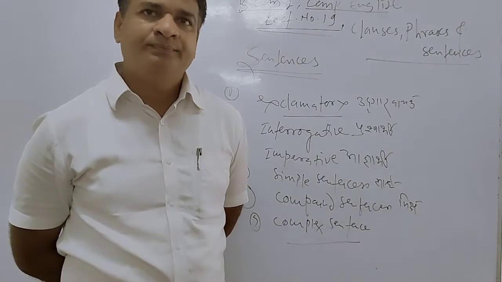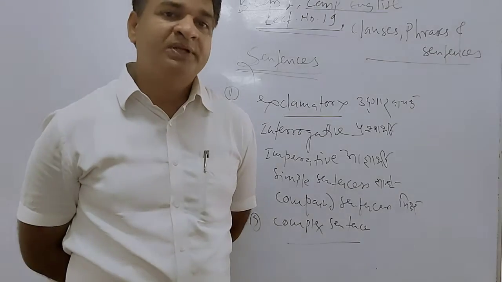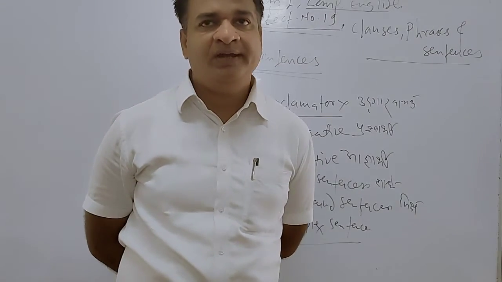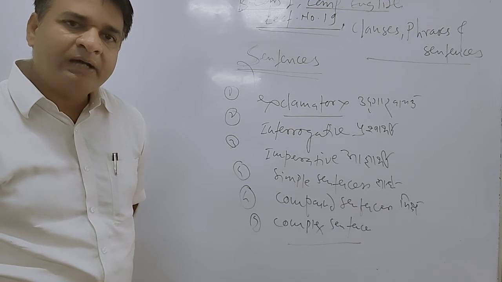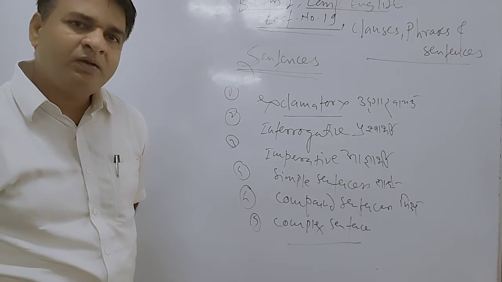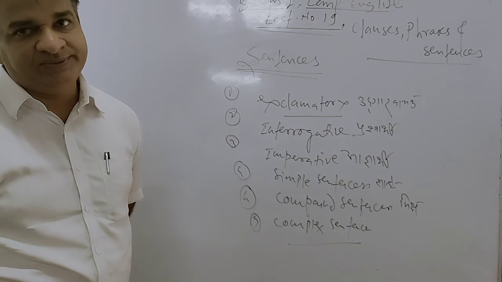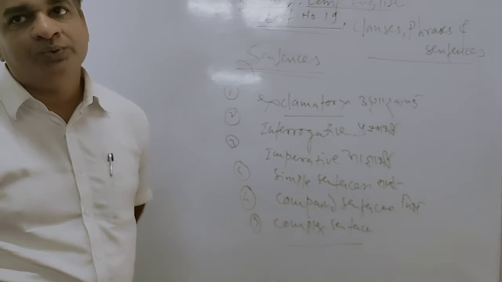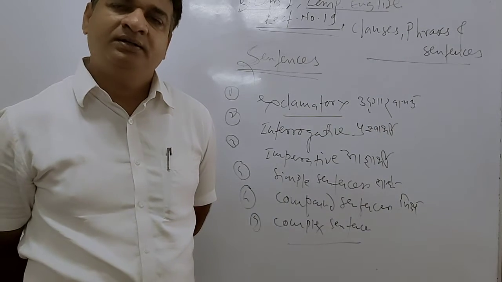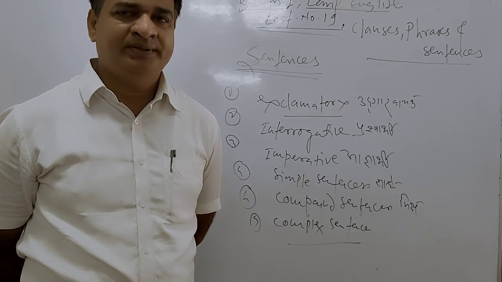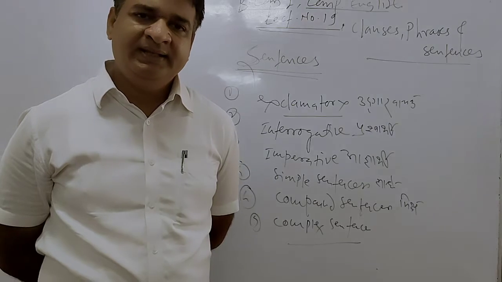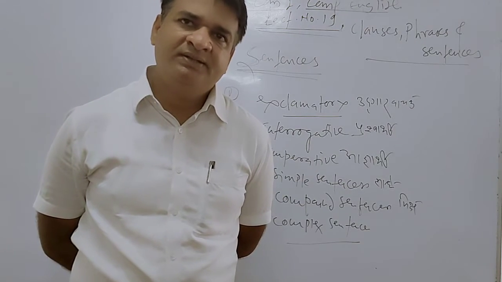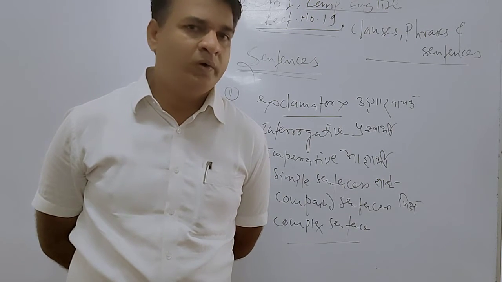You will be given 10 to 15 sentences or examples, and among them some are sentences, some are clauses, and some are phrases. So you have to identify whether the given example is a sentence or a phrase or a clause.